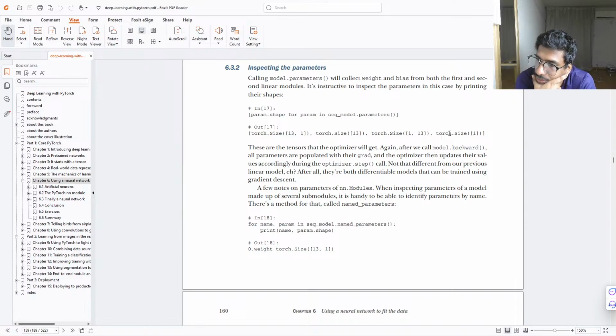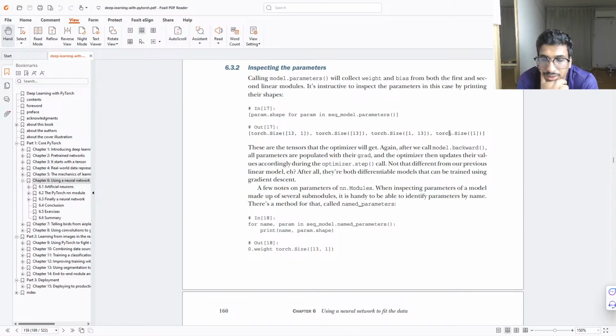Again, after we call loss.backward, all parameters are populated in their grad, and the optimizer then updates their values accordingly during the optimizer step. This is not that different from our previous linear model. After all, they are both differentiable models that can be trained using gradient descent.